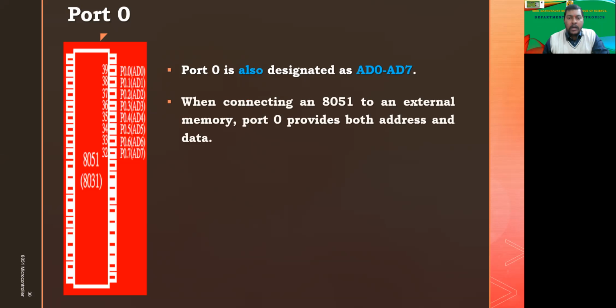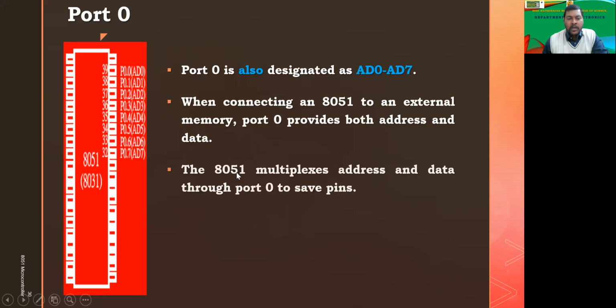When connecting an 8051 to an external memory, port 0 provides both address and data. The 8051 multiplexes address and data through port 0 to save pins. So we would not be requiring other 8 pins for the data and address. We have reduced that by using the same port for address and data.